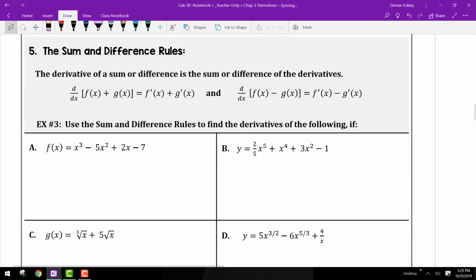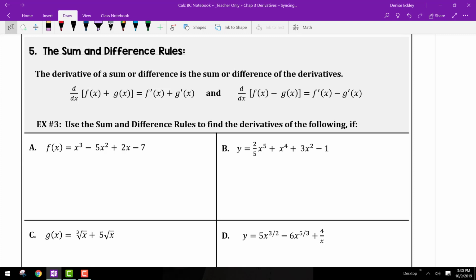Next, our sum and difference rule. So this allows us to take derivatives of more than monomial polynomials, so polynomials, or even if we have two different types of functions that are connected together, an algebraic connection of functions. It allows us to take the derivative of these using our power rules.